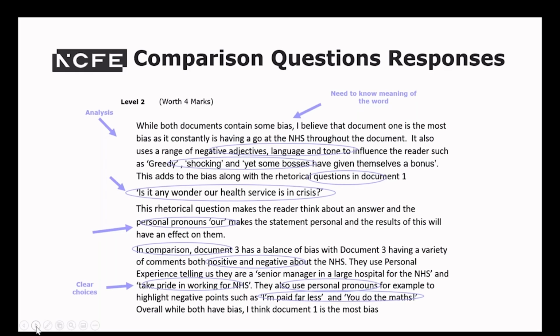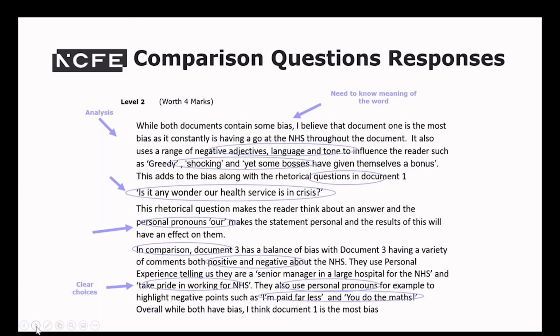This adds to the bias along with the rhetorical question in document 1: is it any wonder our health service is in crisis? This rhetorical question makes the reader think about an answer, and the personal pronoun our makes the statement personal, and as a result this will have an effect on them.